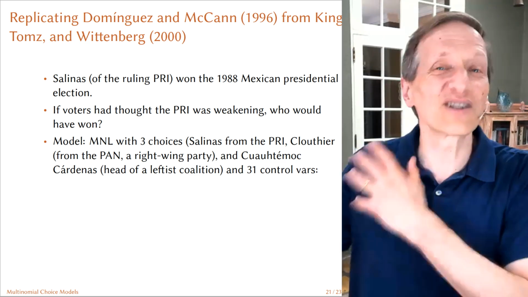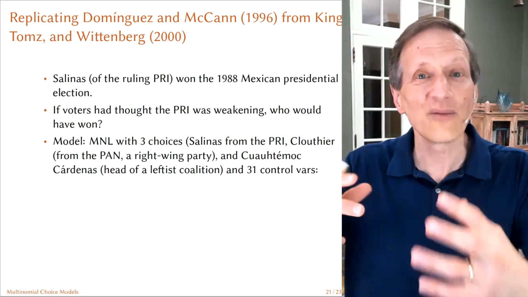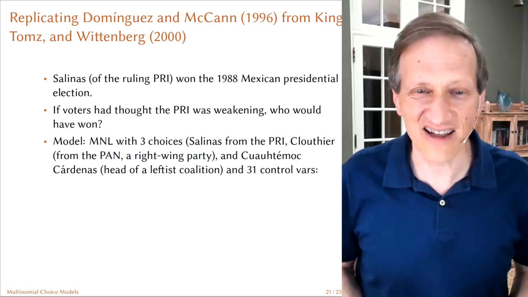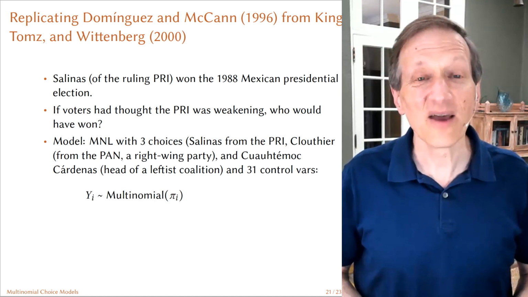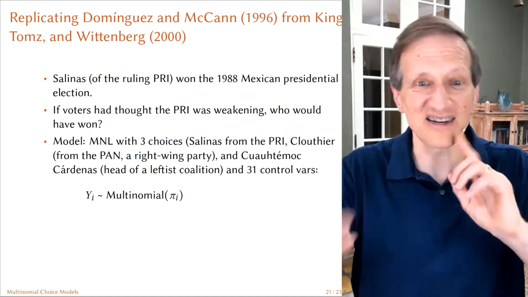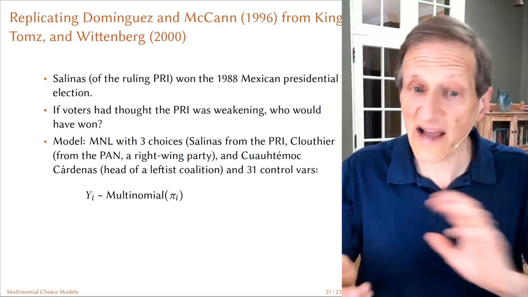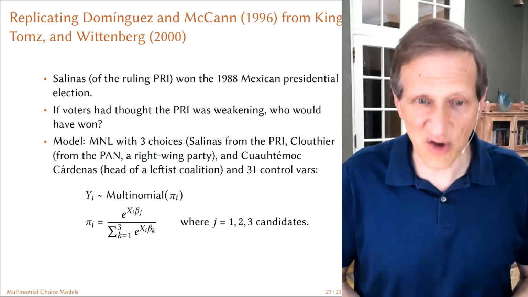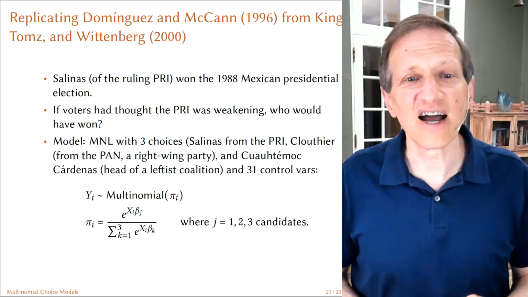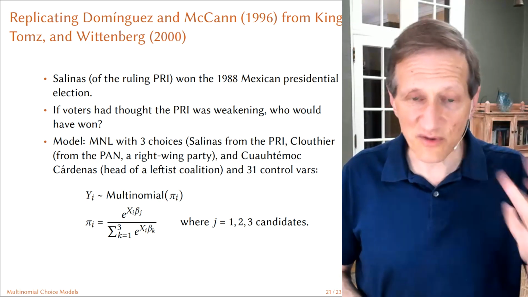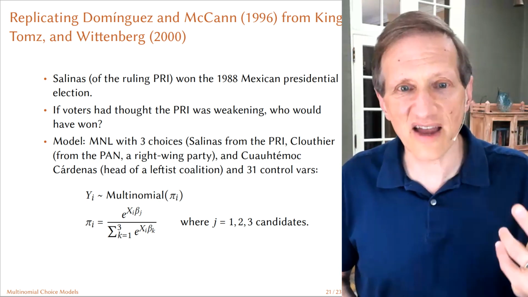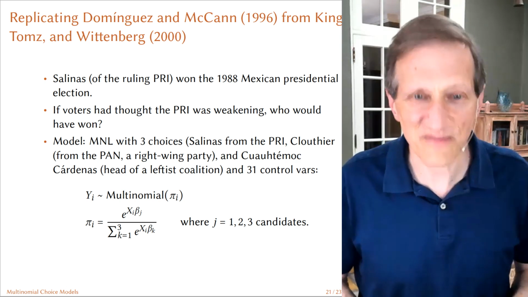And then there are 31 control variables, which presumably were pre-treatment. In the causal effects case, but in this case, we're interested in the counterfactual. So here's the model. Y is multinomial. There are three outcomes: vote for the PRI, the PAN, and the leftist coalition.